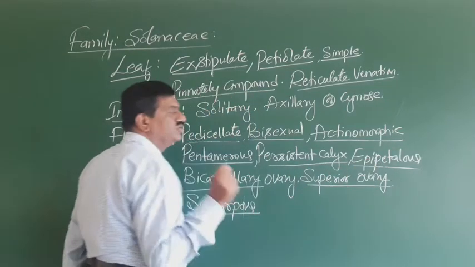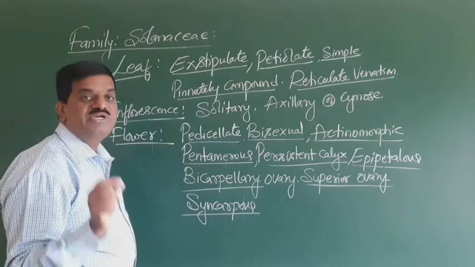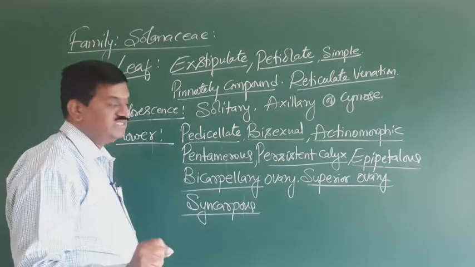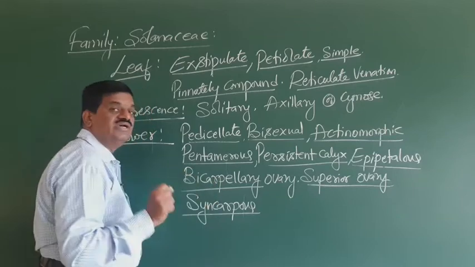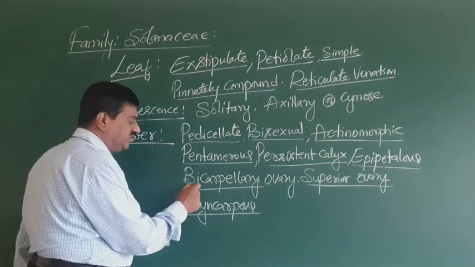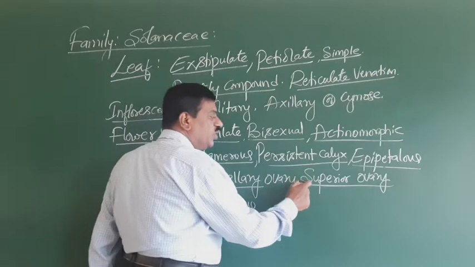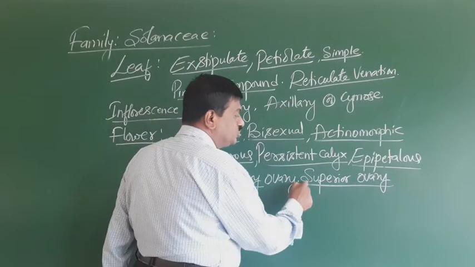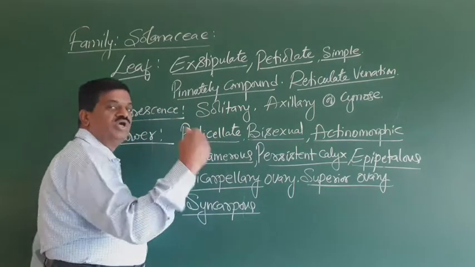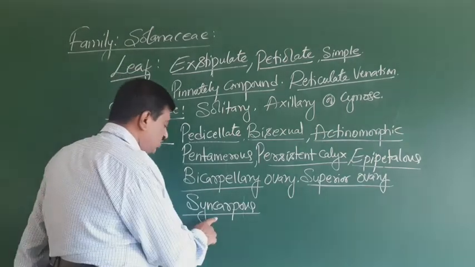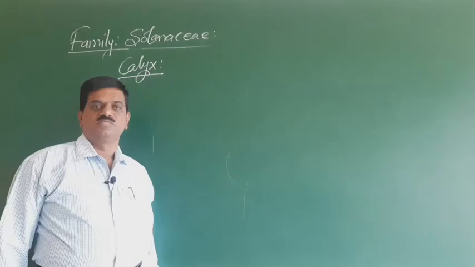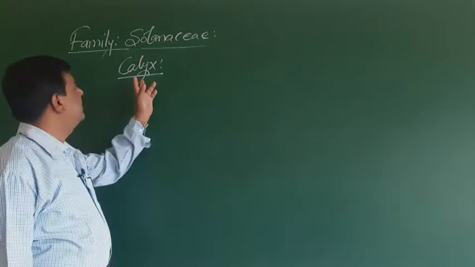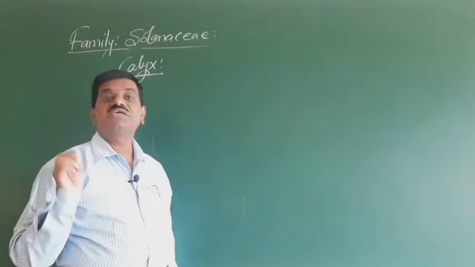Epipetalous: the stamens are attached to the petals. Bicarpellary: there are 2 carpels in an ovary, and the ovary is hypogynous, a superior ovary. The ovary is above, all the other parts are below. And the next one is syncarpous: the carpels are fused.